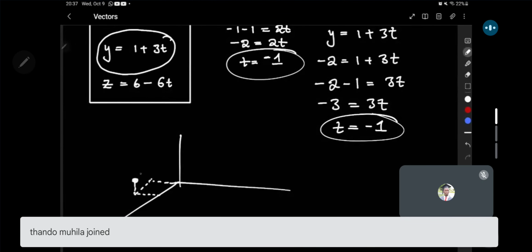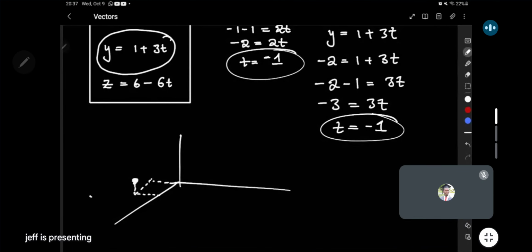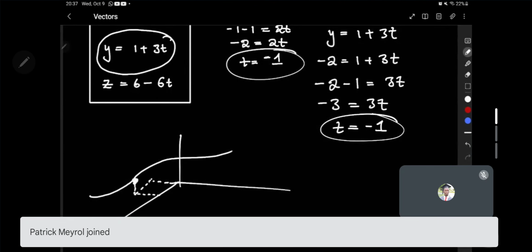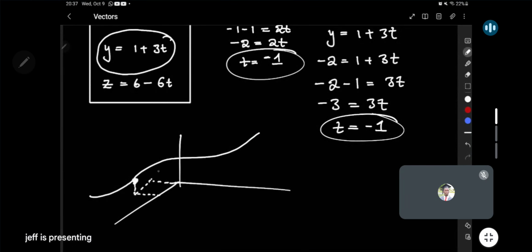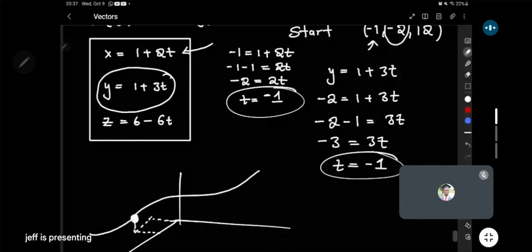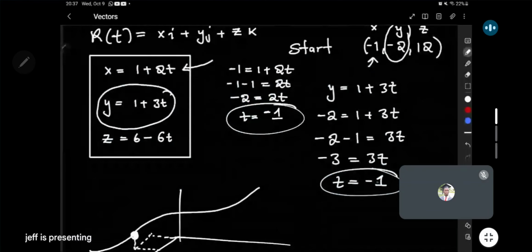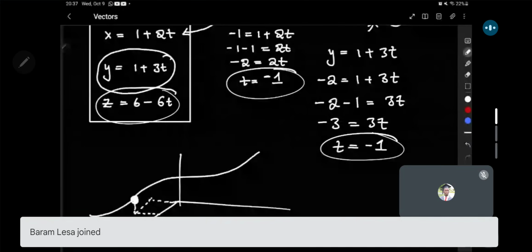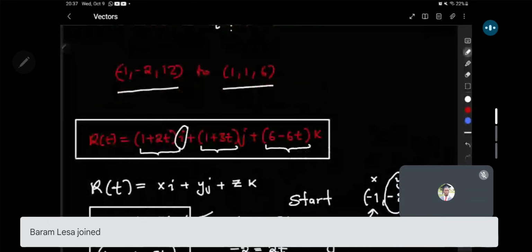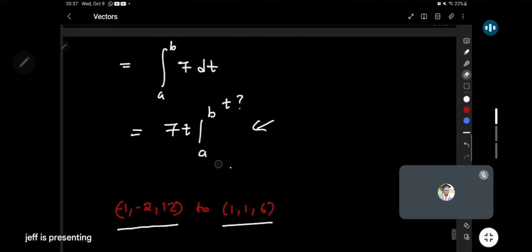But since it's the same point on our curve, the value of t would be the same whether you view it from x, y, or z. So this is why here we're getting the same t, and here we're getting the same t. Even if we tried to do it for z, the value of t that would come out would be the same. So there we have it. At our starting point, t is -1. So we have -1 here.